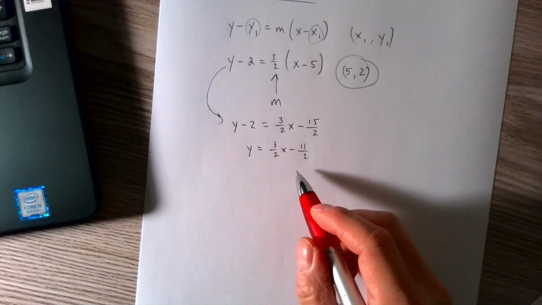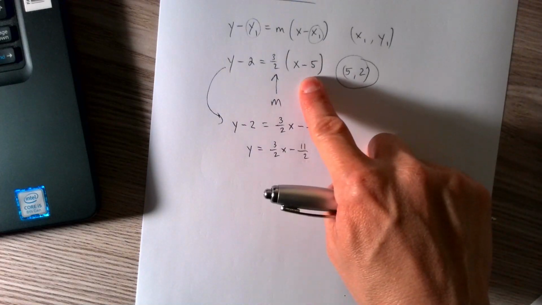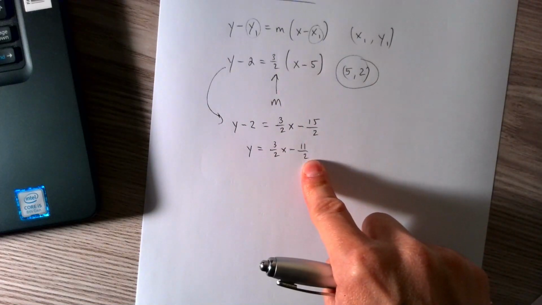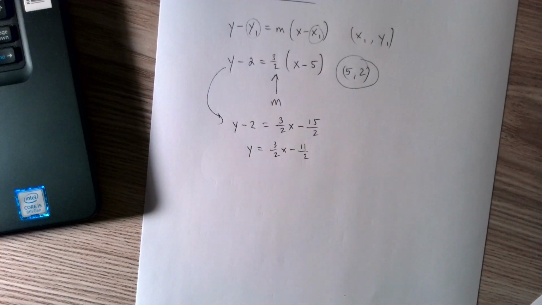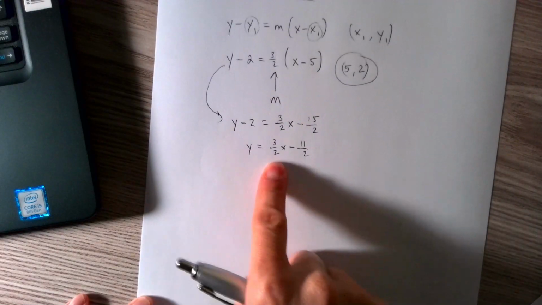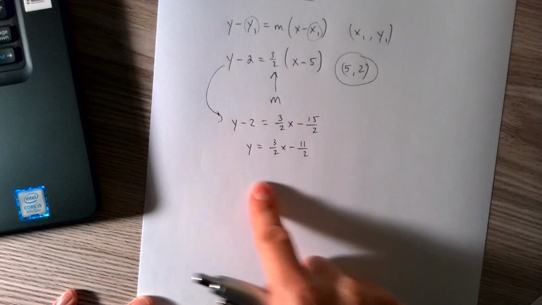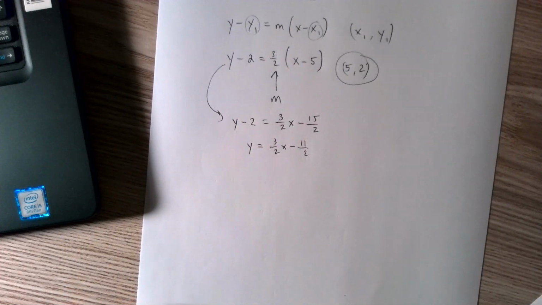So there it is, slope-intercept from the point-slope form. And if you want, you can go further and turn this into standard form, which I already showed you an example of, so I won't do that right now. Okay, there you have it, the 3 forms: slope-intercept, standard, and point-slope.